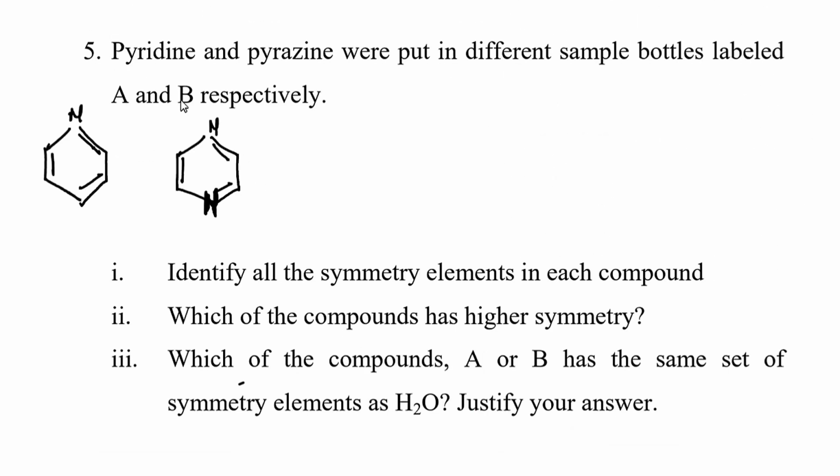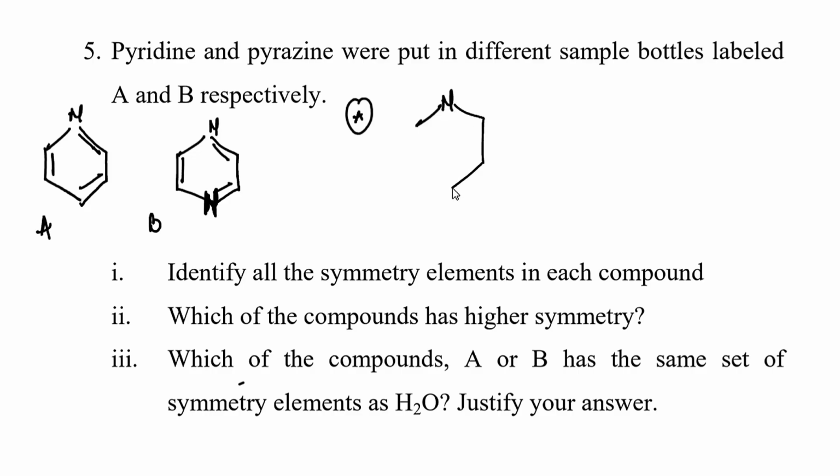Alright, so this question: pyridine and pyrazine were put in separate sample bottles labeled A and B respectively. So this is A, this is B. The first question is to identify all the symmetry elements in each compound. So let's check A, with this nitrogen.